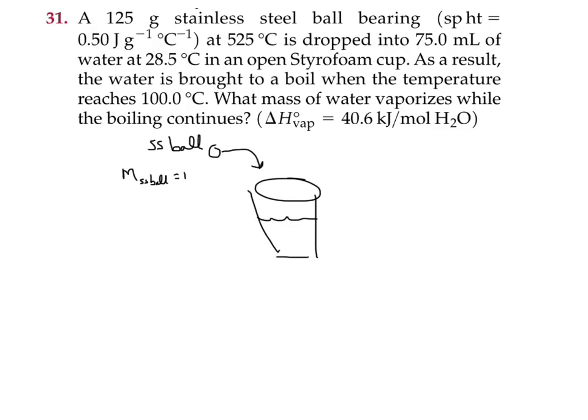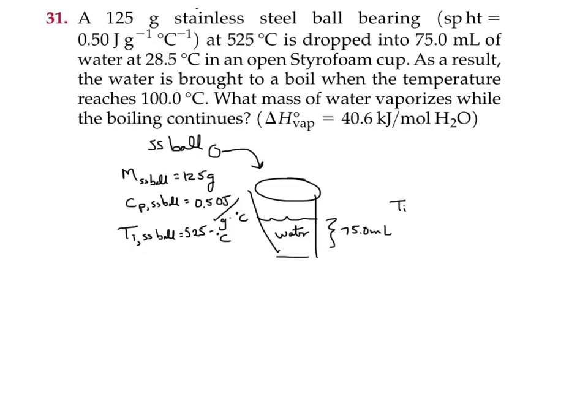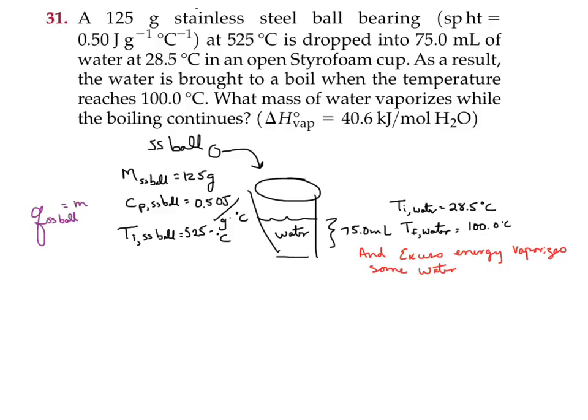The next one, see what your system looks like. You have a hot stainless steel ball, you're dropping it into water, the volume of the water is given, the specific heat of the stainless steel, and the initial temperature of the stainless steel are given. Some excess energy vaporizes some water. So you have an energy change of the ball, it's going to cool down.